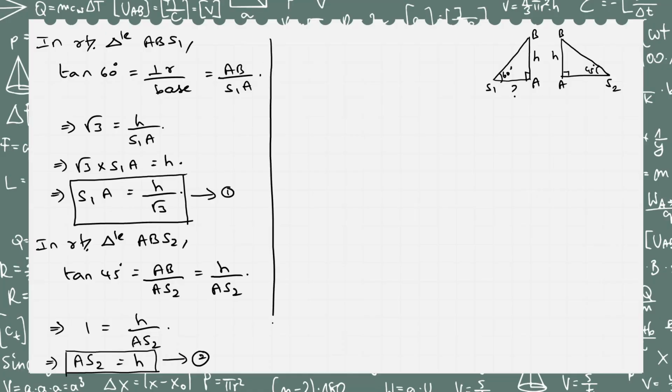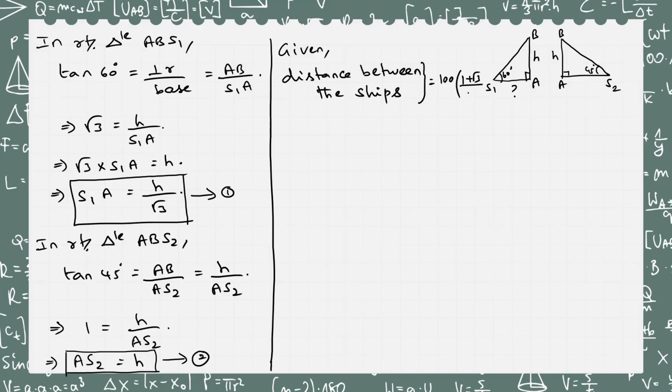And what is given to you already? Given, distance between the ships equals 100 into (1 plus root 3) divided by root 3 meters. Distance between the ships is nothing but S1A plus AS2 from the picture we have drawn, right?